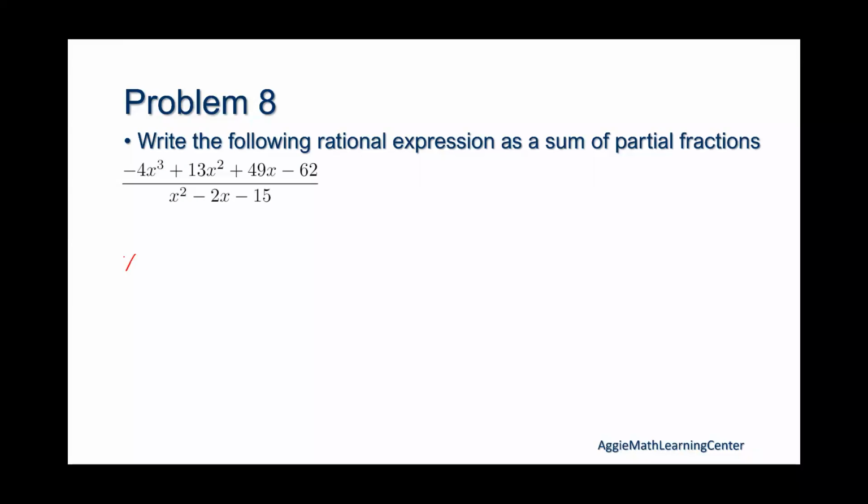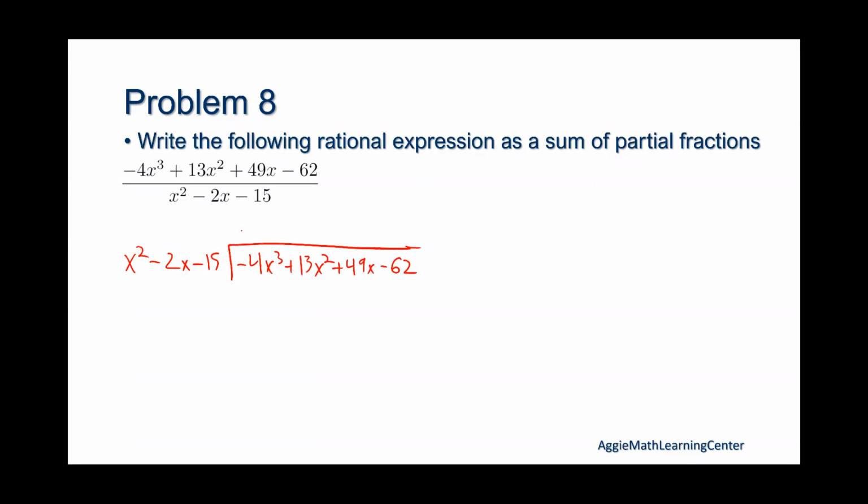So we're going to have on the outside x squared minus 2x minus 15. Then we have negative 4x cubed, 13x squared plus 49. And they were so kind to give us such wonderful numbers. Okay.